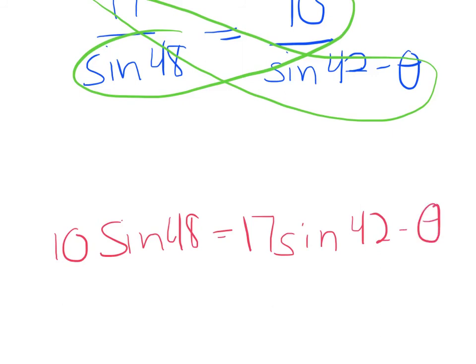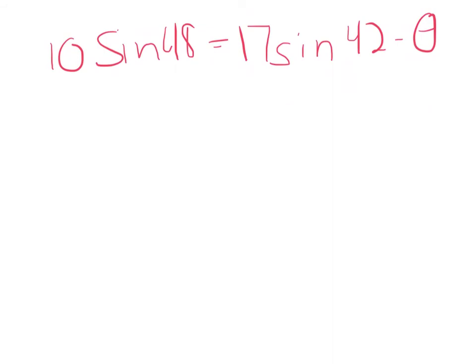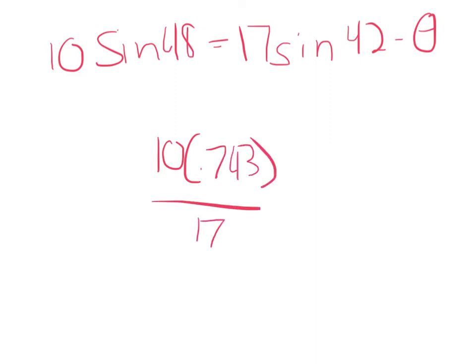When you break this down, you're going to end up getting 10 times 0.743 over 17 is sine of 42 minus theta.